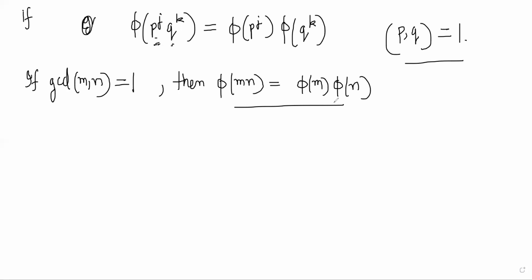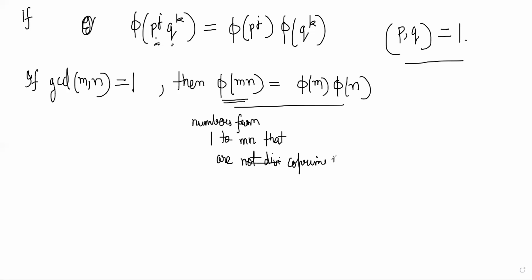Let's think about it. Hmm, so there's no number between 1 and MN that is both a multiple of M and a multiple of N. Right now, here we are calculating numbers from 1 to MN that are not divisible, or that are co-prime to MN, right?